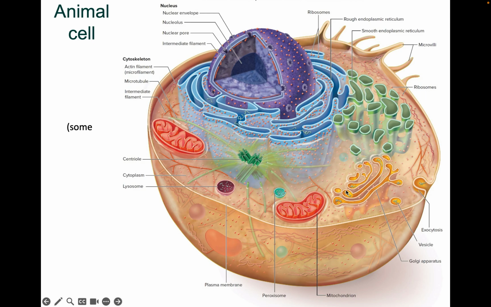Because of this, it helps to compartmentalize things in different places and organize places. But you have all these membranes all around, and you have all these other organelles like the mitochondria, which is the powerhouse of the cell. You have peroxisomes, small little lysosomes, centrioles, etc. All of these, we're going to speak about them and what they do.